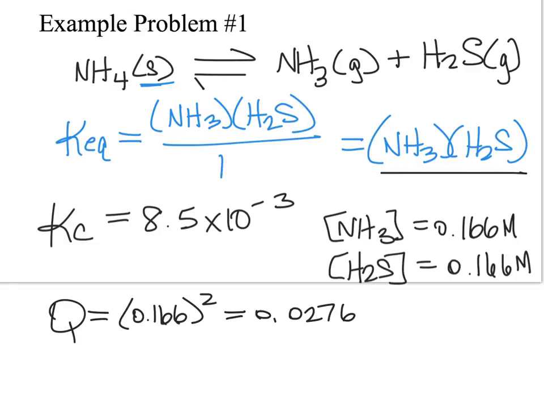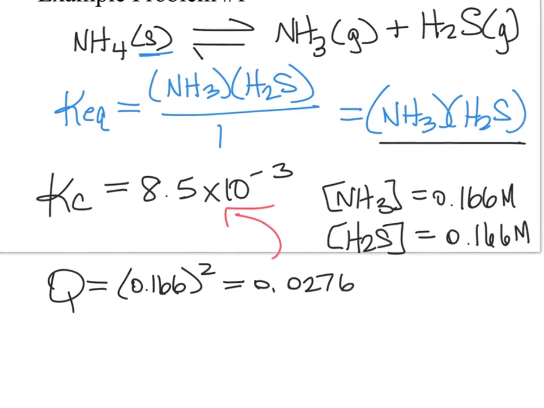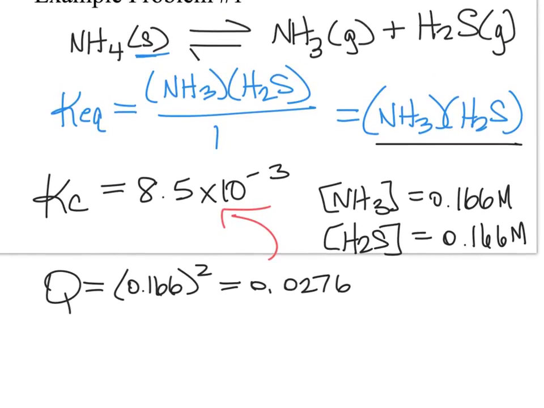Right, now I want to compare back to my Kc value. I know that Q is 0.0276 and K is 0.0085, if I go ahead and write that in expanded notation.